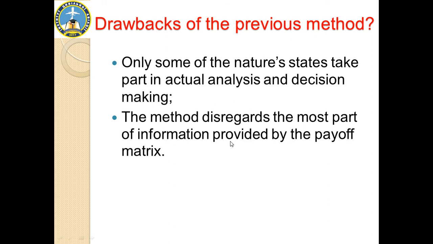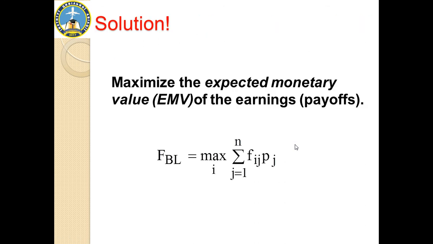Now, we can solve this by maximizing the so-called expected monetary value, or EMV, of the earnings payoffs. Formally, the formula for this maximum expected monetary value looks like this. We maximize this sum.